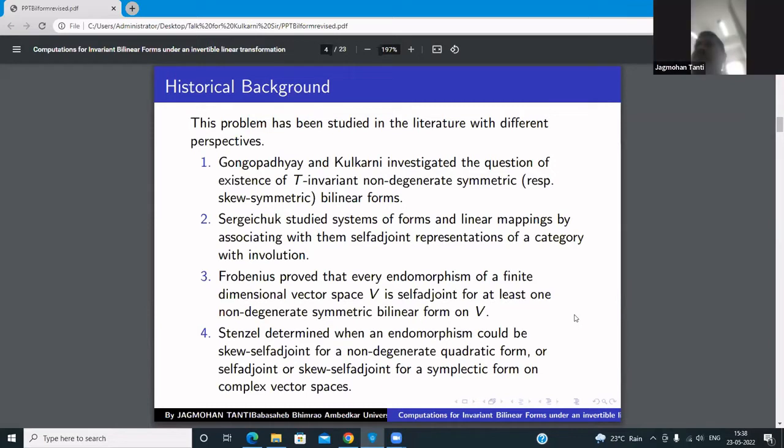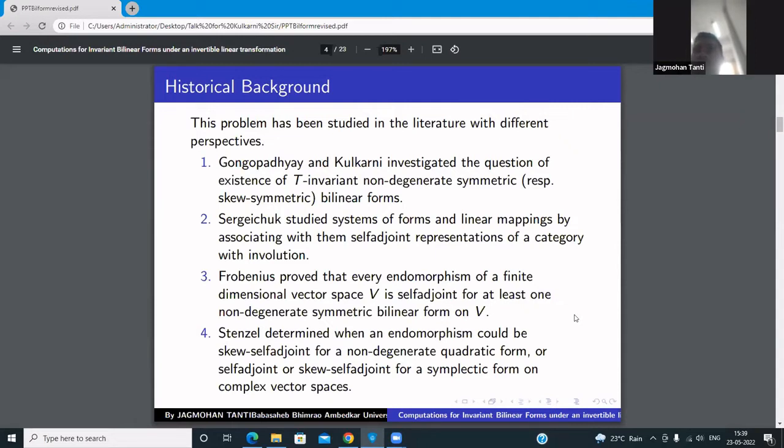In this work, we took a very generalized field of characteristic different from 2, and without any conditions, we computed the dimension of invariant bilinear forms, and we talked about the existence of non-degenerate invariant bilinear forms.